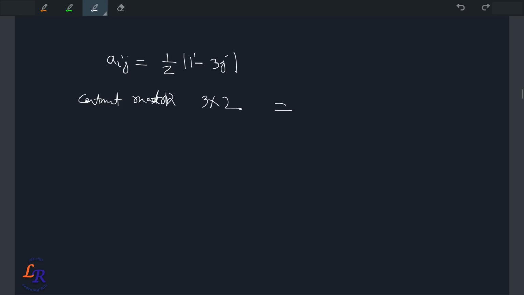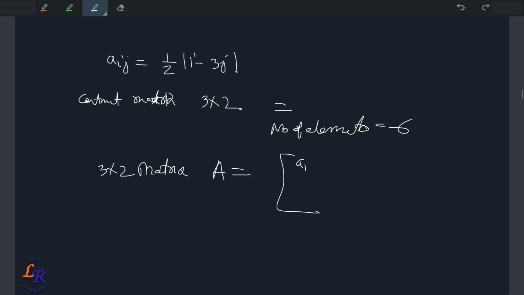So 3 cross 2 means there will be a total of how many elements? The number of elements would be 6. So let's say you have a 3 cross 2 matrix, represented as A, and you fill in the items A11, A12, A21, A22, A31, A32. So this would be the matrix.